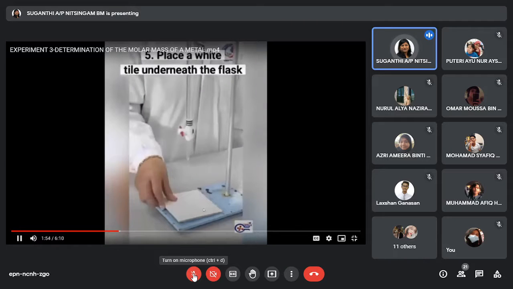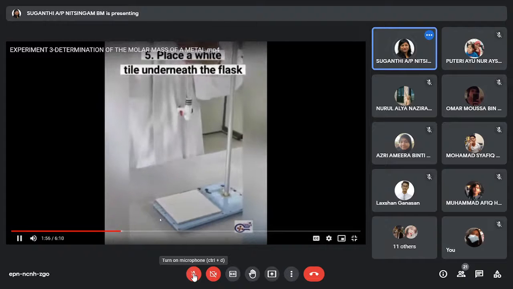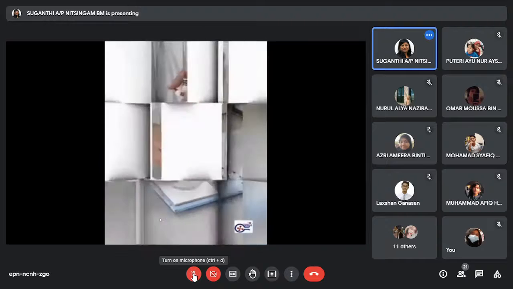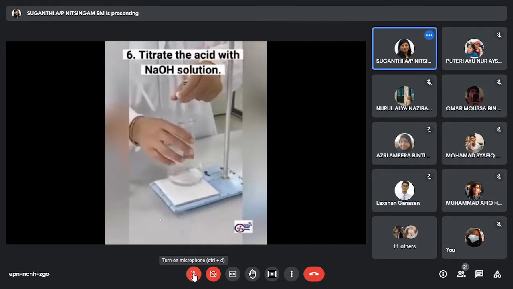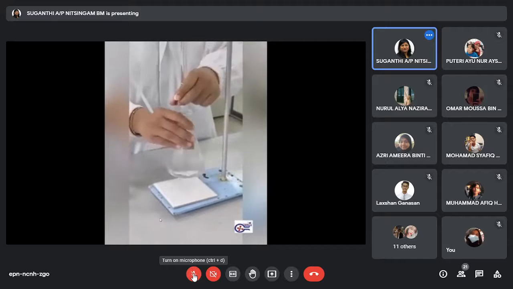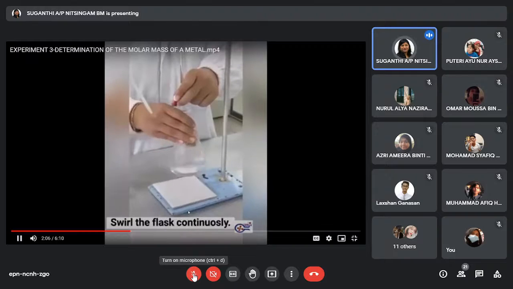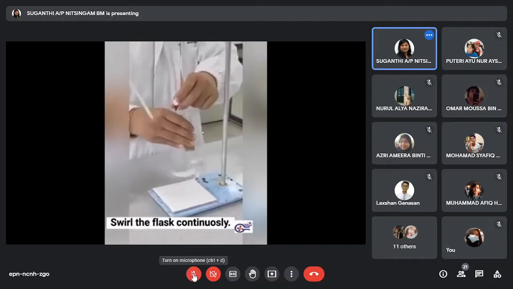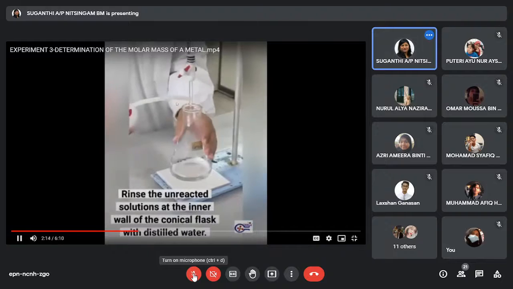Okay, always must put a white tile. So see the titrate, the swirl, then need the titrate. Actually, you can sit, no need to stand. Okay, what's he doing?